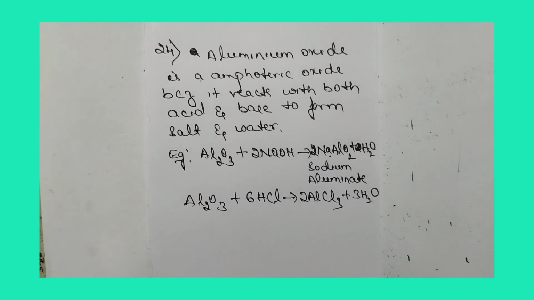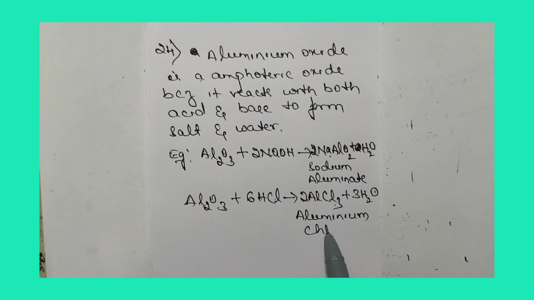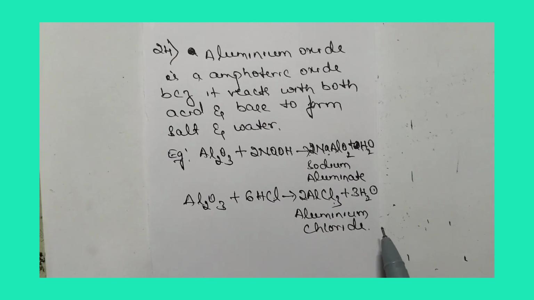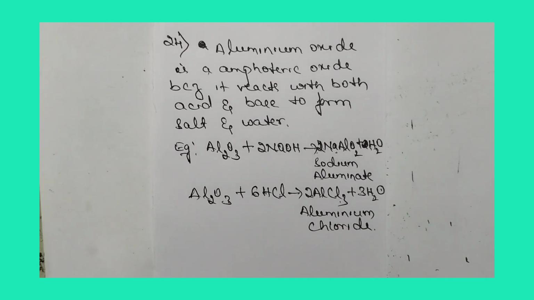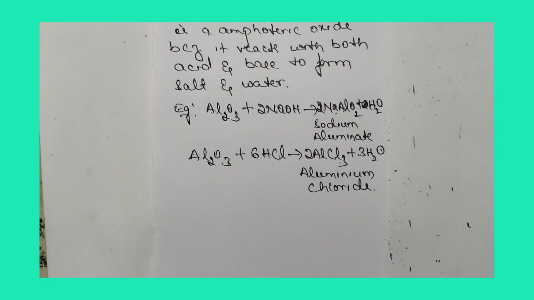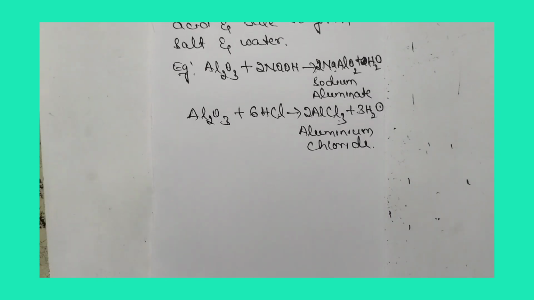See whether the equation is balanced: Al2, 2Al; 6Cl, 2 times 3 is 6Cl; hydrogen is 6, 3 times 2 is 6; oxygen 3, oxygen 3. So the equation is balanced and the name of this salt is aluminium chloride. Since aluminium oxide reacts with both acid and base to form salt and water, it is called an amphoteric oxide.